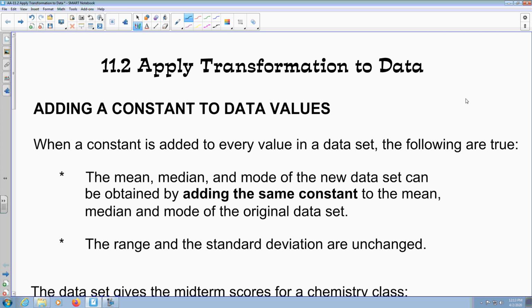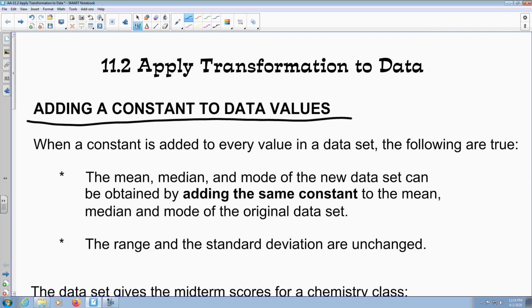And then we are going to look at a transformation where we multiply a constant to the data and see what changes to different forms of statistics, whether it be the median, mean, mode, or the range or the standard deviation. So the first thing we're going to look at is we're going to add a constant to the data.